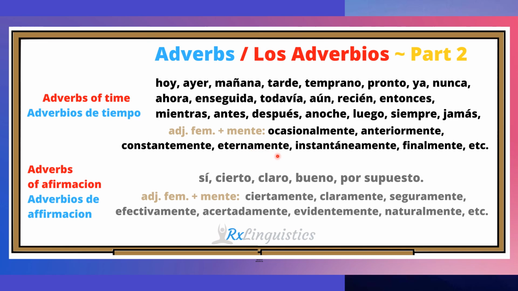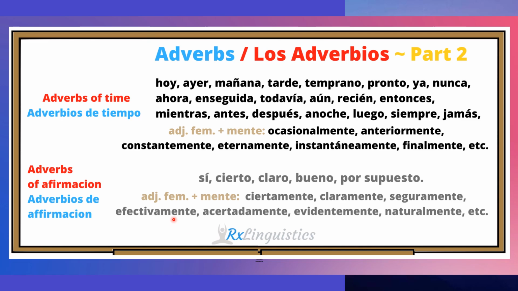The suffix mente will make it possible for the adjective to change grammatical class or word class, and pass from an adjective class to an adverb class. Okay, so whenever possible, when you want to express an idea and you know the adjective, turn the adjective into feminine and then add mente. Most of the time it will work.